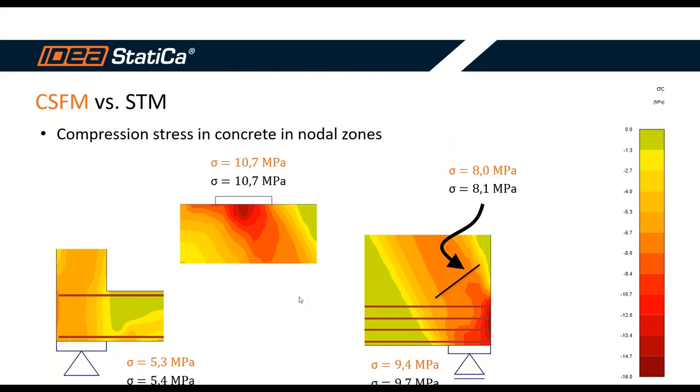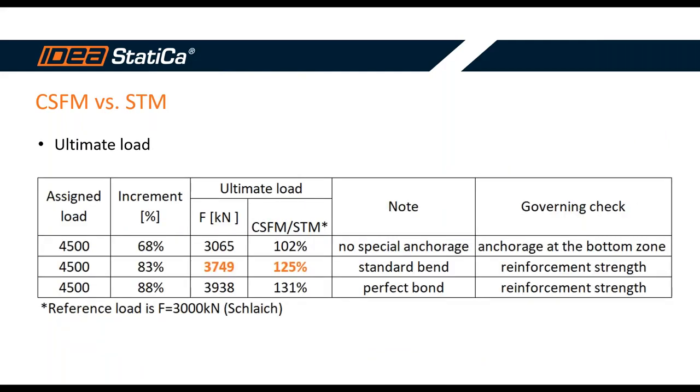So what do you think? Do you think that we get a higher or the same load, which is defined in the strut and tie model? So let's look at it. The reference load is 3000 kilonewtons.